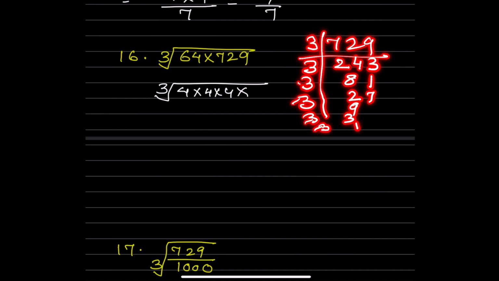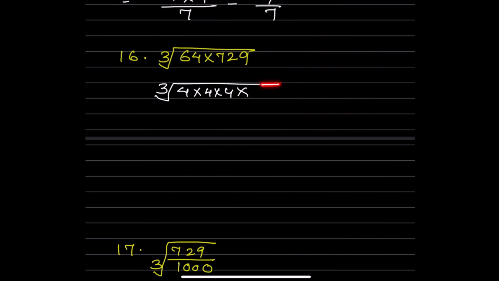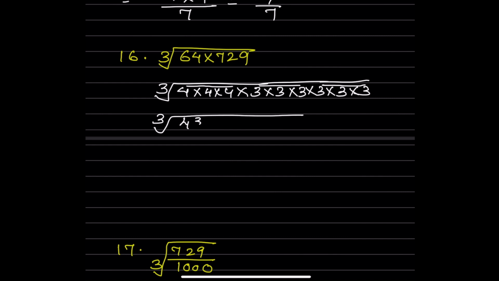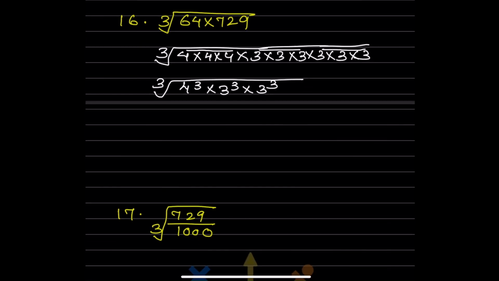So we have 1 2 3 4 5 6, 6 3s we have. So you can write it over here. So now when we divide it into groups, that is going to be 4 cube into 3 cube into 3 cube. So that should be 4 into 3 into 3, that will be 36.